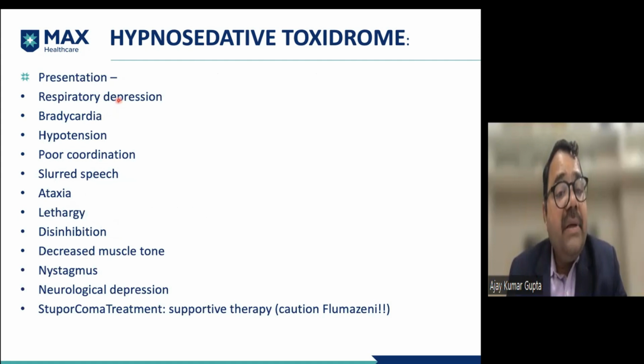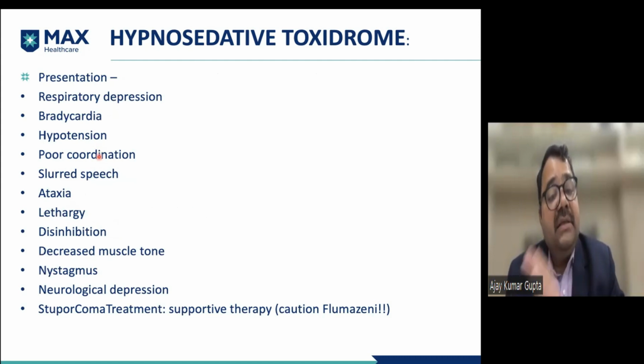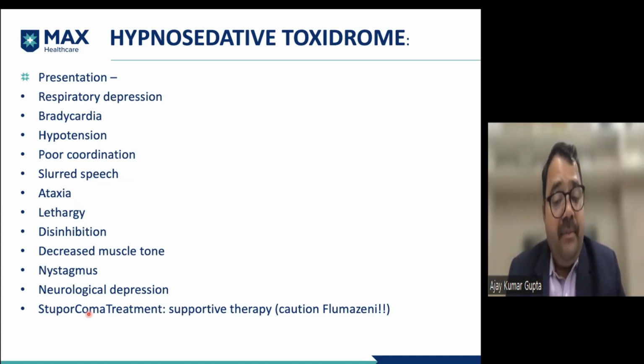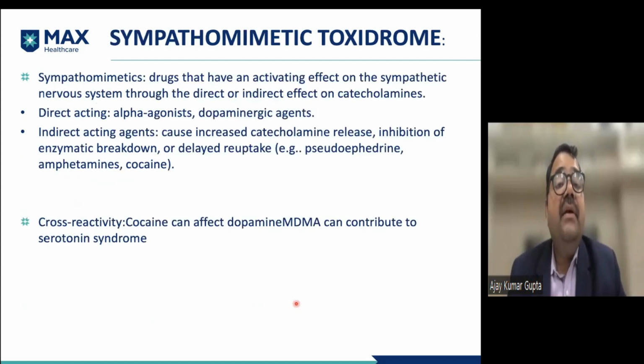And how do they present? They present with a respiratory depression, the bradycardia, hypotension, poor coordination, then slurred speech, ataxia, lethargy, disinhibition, decreased muscle tone, nystagmus, neurological depression, stupor, coma. Treatment is supportive therapy, and flumazenil is being considered.